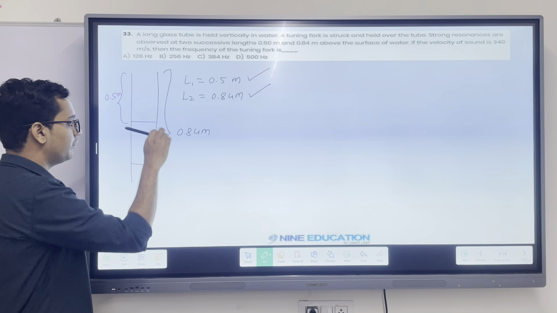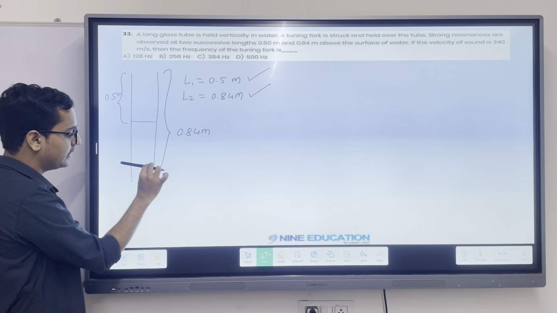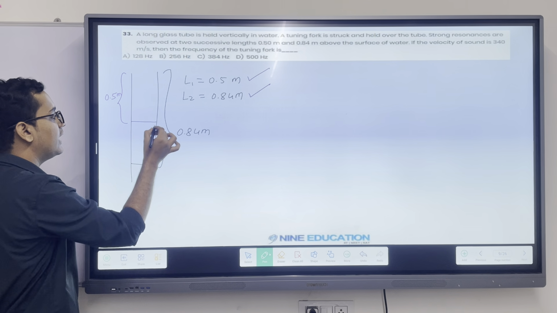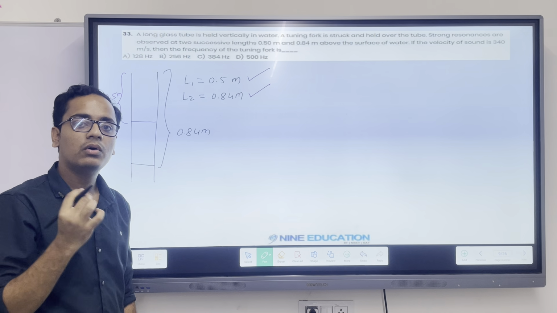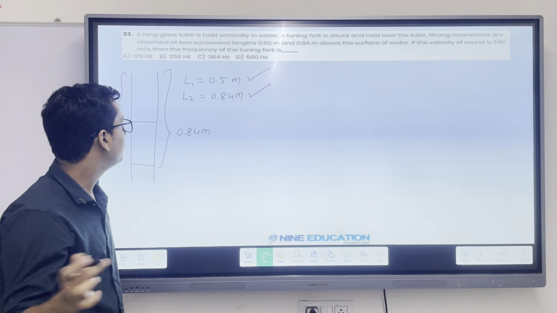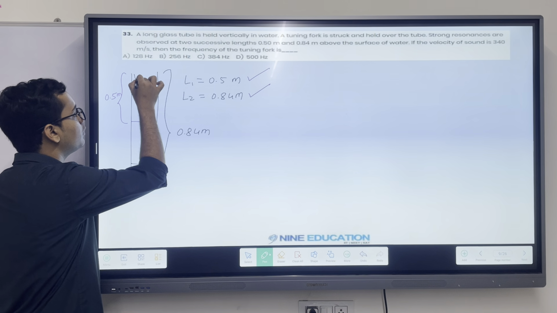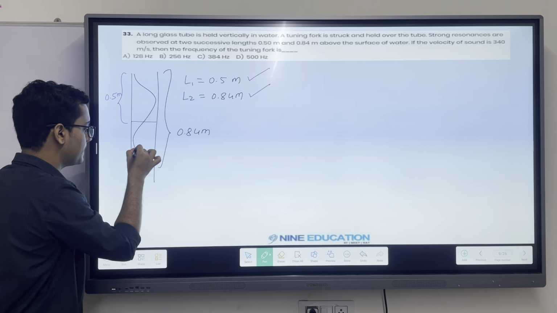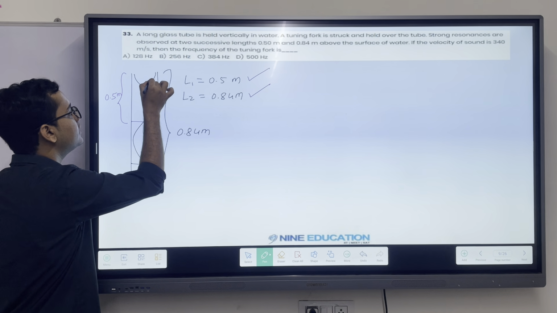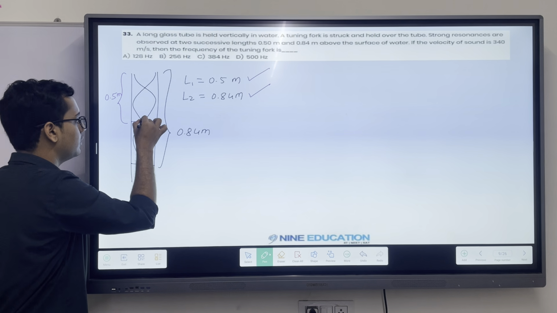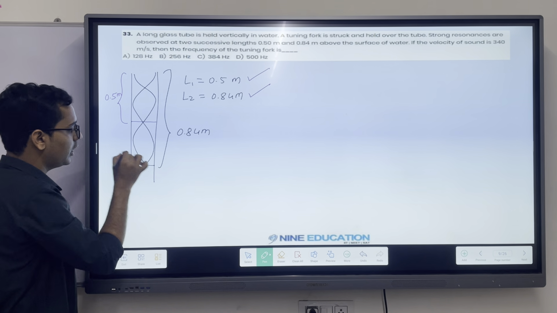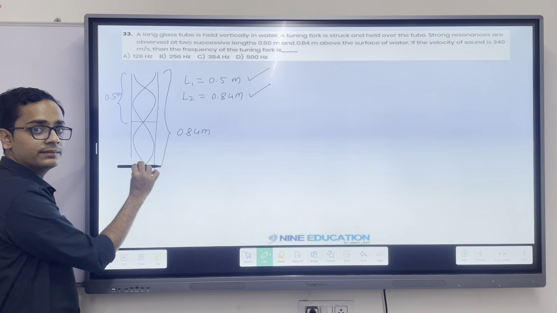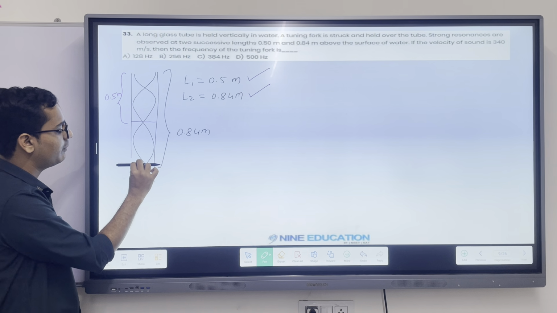They are saying that at this level of water and at this level of water, you are observing a resonance. So, can I say resonance will occur only if there is a standing wave formed? When will the standing wave form over here? Something like this might be possible. Okay. So, when the water level is at this point, there is a standing wave formation.